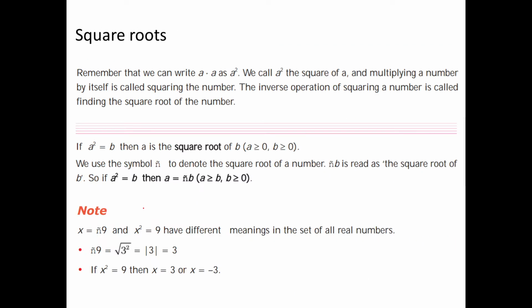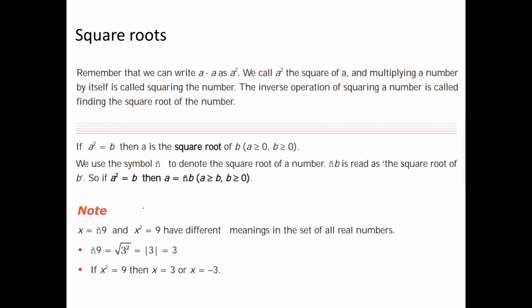Square roots. Remember that we can write a multiplied by a as a squared. We call a squared the square of a, and multiplying a number by itself is called squaring the number. The inverse operation of squaring a number is called finding the square root of the number. If a squared equals b, then a is the square root of b.